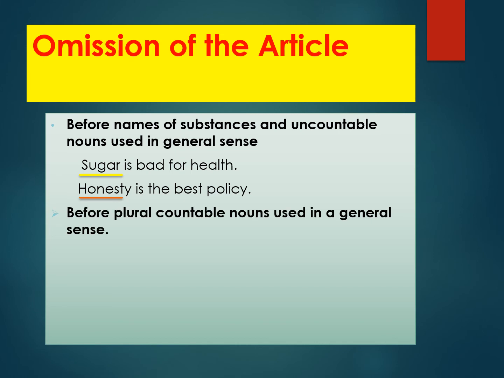Let us see the next point. Before plural countable nouns, when they are used in general sense, we should omit articles. So articles are omitted before plural countable nouns used in general sense. Example, children like cartoon films.